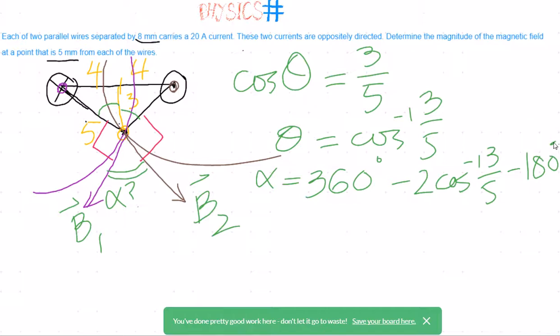So we are adding everything up and then subtracting from 360. I used my calculator, you can verify, and the angle comes out to be 73.74 degrees.